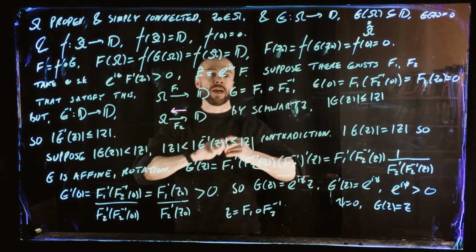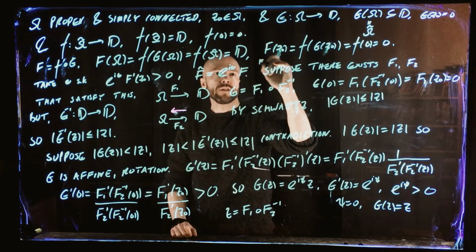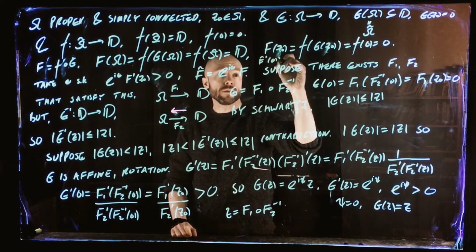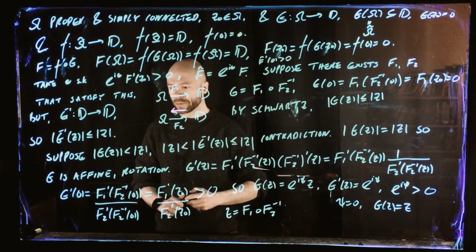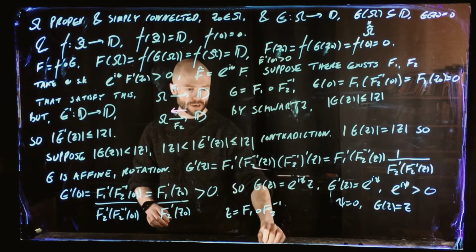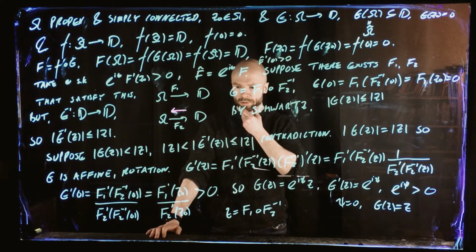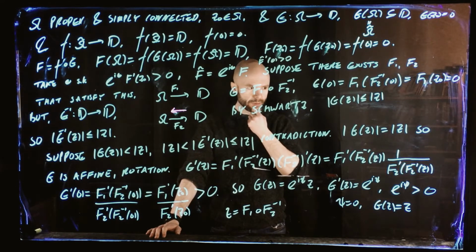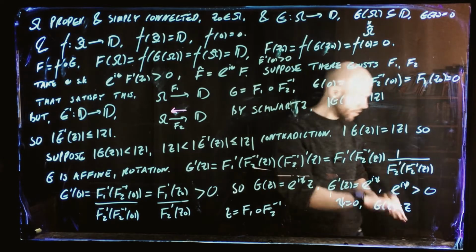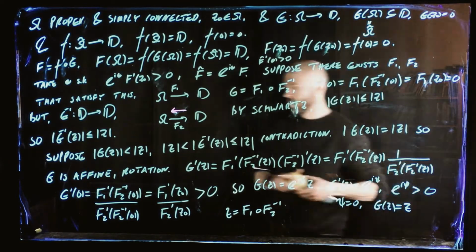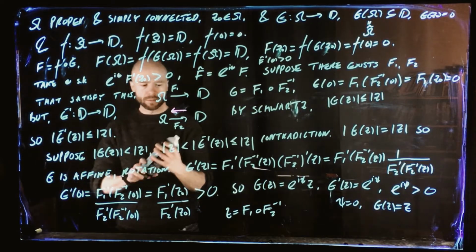But if we insist on having that f tilde prime of 0 is a positive real number, then this uniquely defines the Riemann mapping. Okay, so that is the proof of the Riemann mapping theorem. Pretty neat, pretty clever. Okay, let's erase the board and talk about Liouville's theorem.